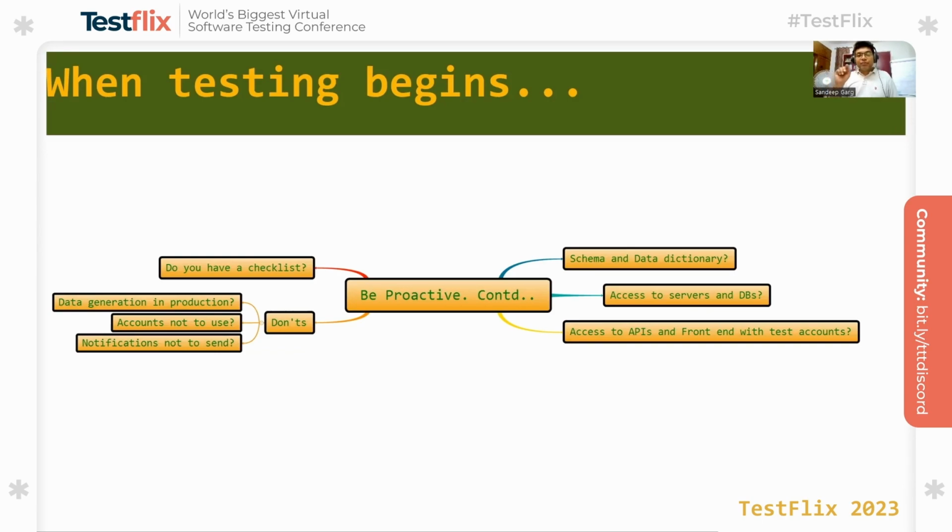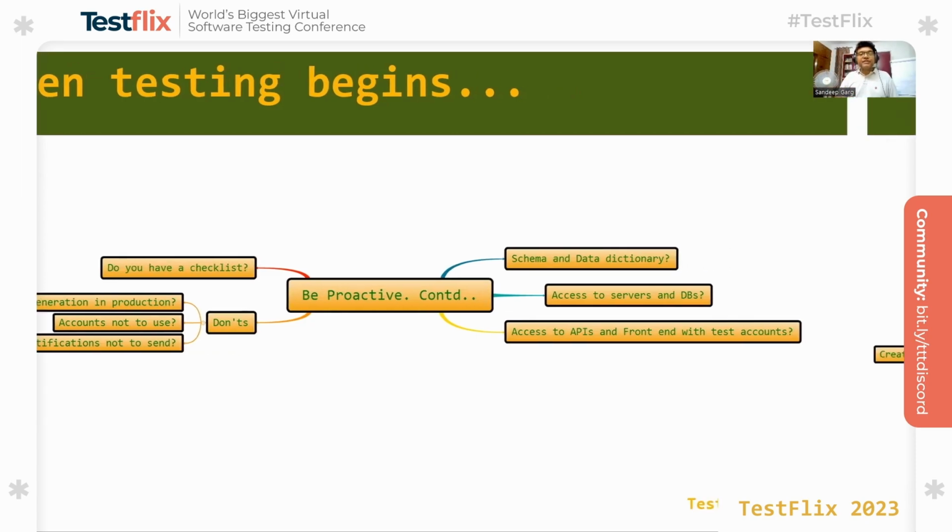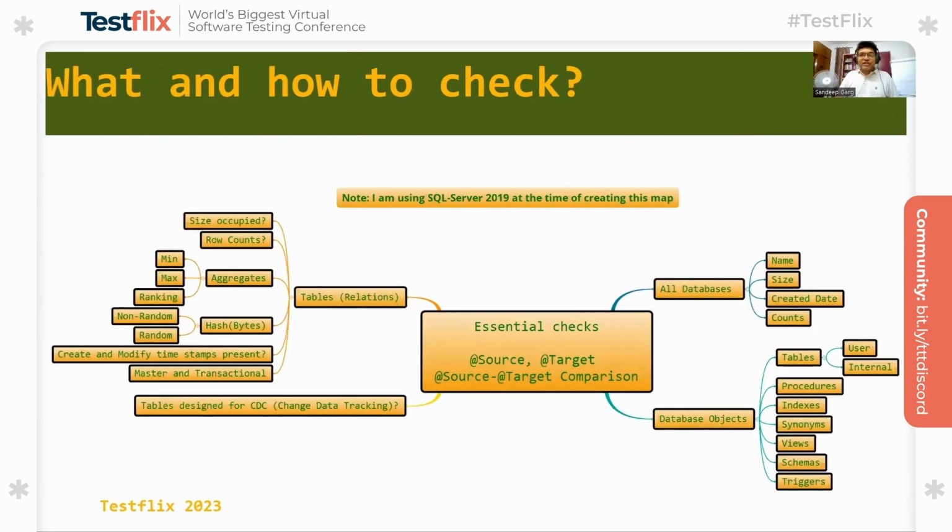What is needed is proactiveness and beginning with the end in mind, right? And these two collectively help you to put first things first, which is the test planning, strategy, and design. And after that comes the scripting part, which is on your screen right now.